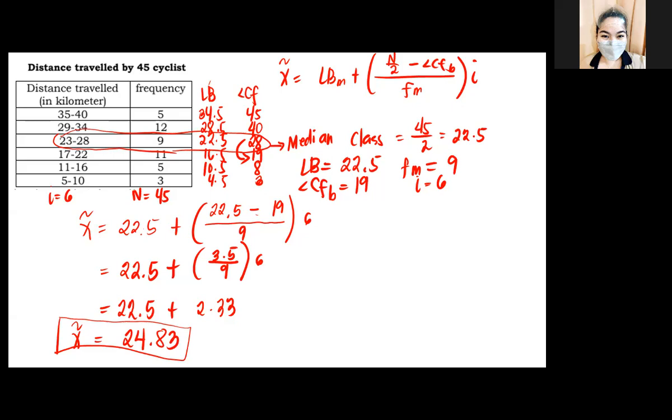Mag-i-insert lang ako ng table para mailagay ko si lower boundary at saka si CF.